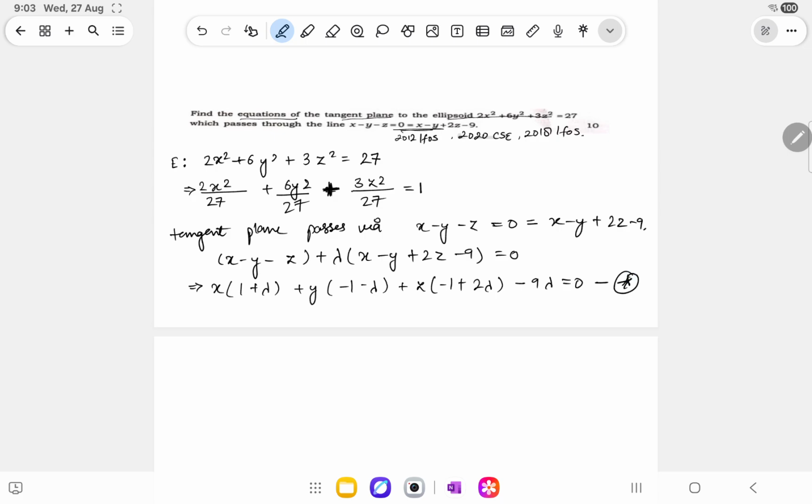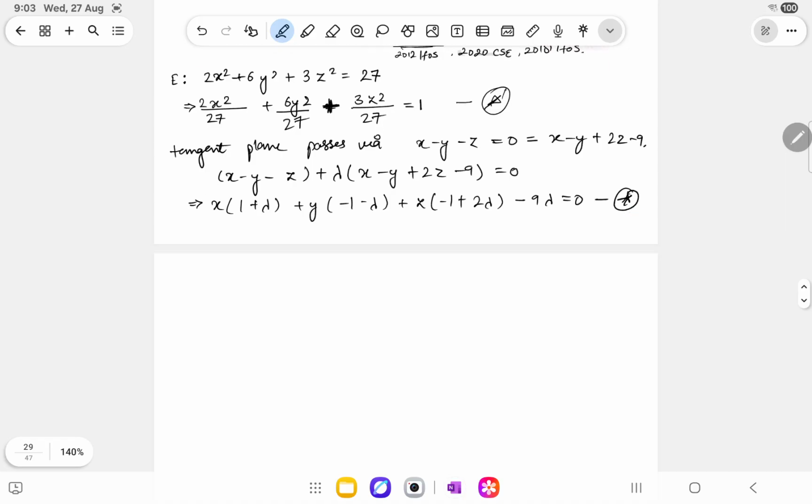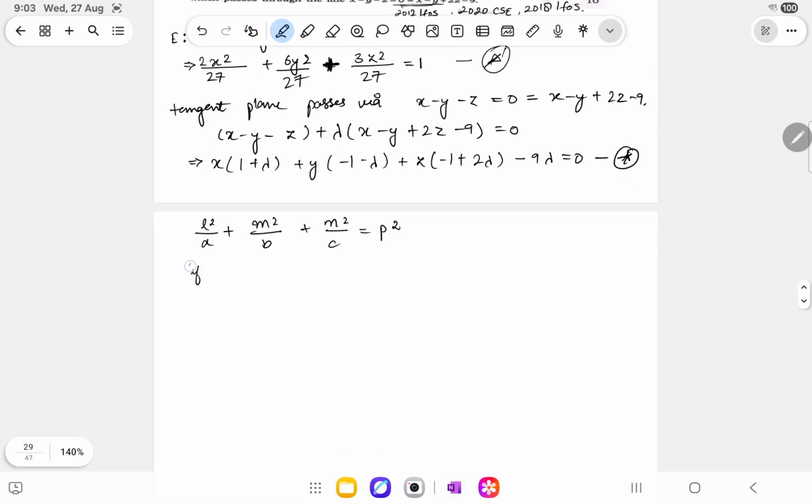So we are supposed to find the value of lambda for which this star is tangent to star dash, that is the equation of the ellipsoid. So here we can use the tangency condition that says l square by A plus m square by B plus n square by C must be equal to p square, if lx plus my plus nz is equal to p is my tangent plane, and the equation of the ellipsoid is Ax square plus By square plus Cz square is equal to 1.